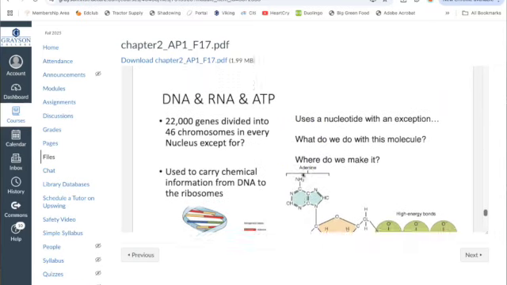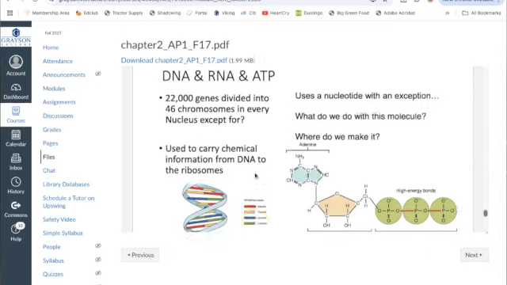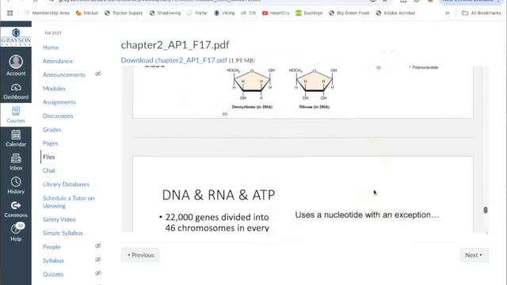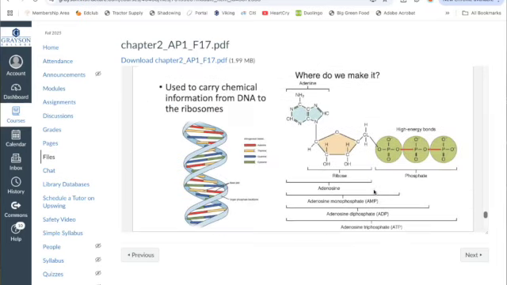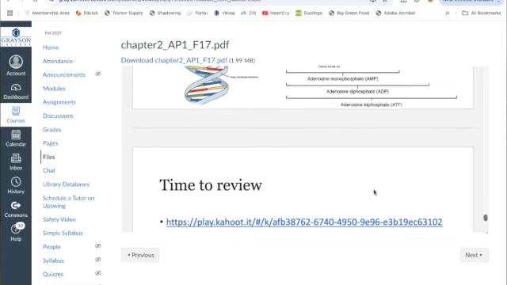So if you look again at the DNA, A always goes with T, and C always goes with G. But one of the differences between DNA and RNA is that A, instead of going with T, will be replaced with U. So it'll be A, U, and C, G. That's how you tell the difference between DNA and RNA. That's it for chapter 2.